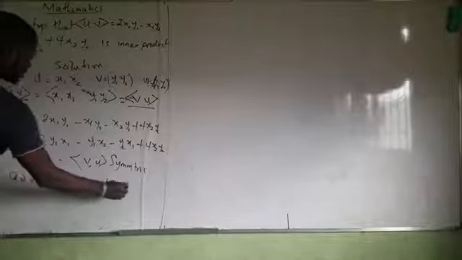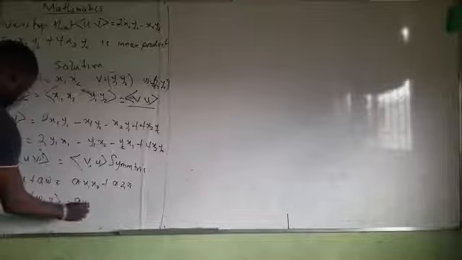For instance, I can say that aU plus bW will be equal to aX1 plus bZ1, Z2. That is what we are trying to work on. Now, I can continue by having <aU plus bW, V>.